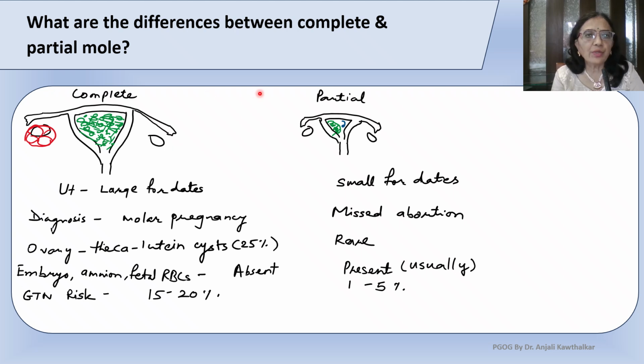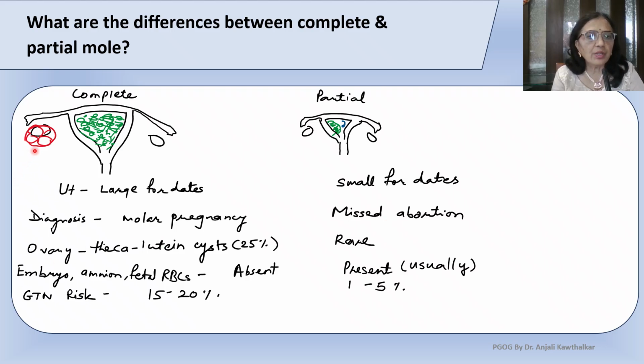What are the differences between a complete and partial mole? In complete mole, the uterus is usually larger than the period of gestation, whereas in partial mole it might be smaller as compared to the dates. Usually, the diagnosis by sonography and clinically is molar pregnancy, whereas partial mole can often be diagnosed as missed abortion by ultrasonography.